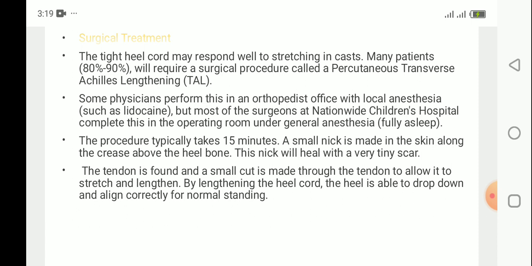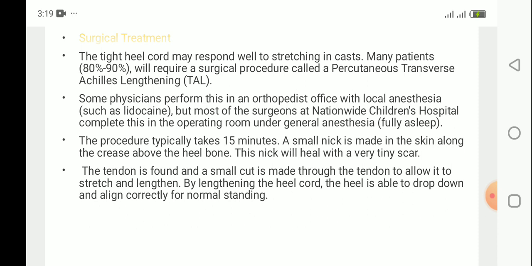Some physicians usually give general anesthesia, and the procedure takes only 15 minutes. A small nick will be made in the skin, and it is a very tiny scar that heals thoroughly and later becomes invisible also.